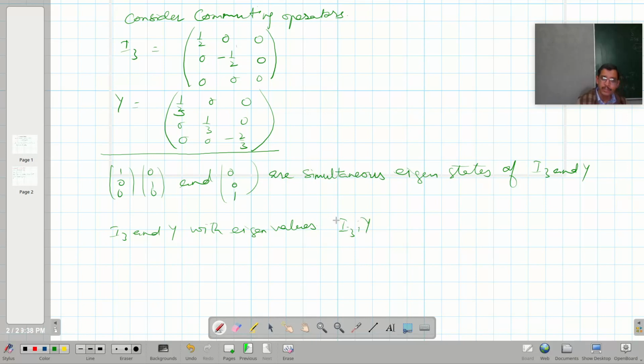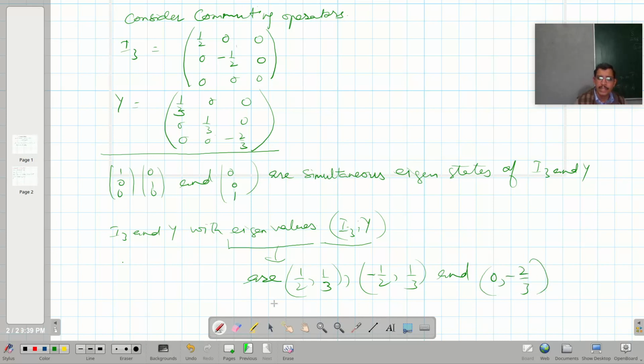These are the eigenvalues. So what does it mean? It means that the eigenvalues I3, Y are 1 by 2 and 1 by 3, represented by the diagonal elements. So minus 1 by 2 comma 1 by 3, and 0 comma minus 2 by 3.